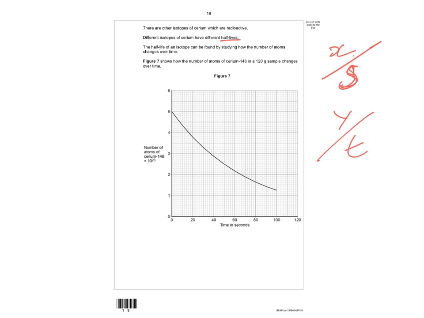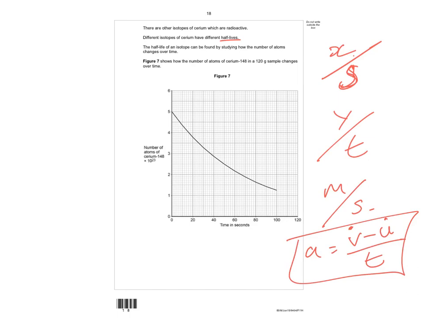Examples of rates of change in chemistry is the rate of reaction, for example, the amount of mass that gets reacted per second. In physics as well, acceleration is the rate of change of speed, how your speed changes from your starting speed to your final speed, how much that changes per second, and you've got various other ones.